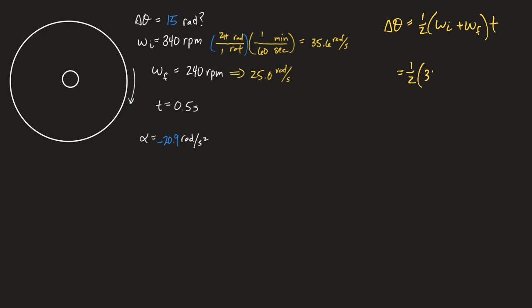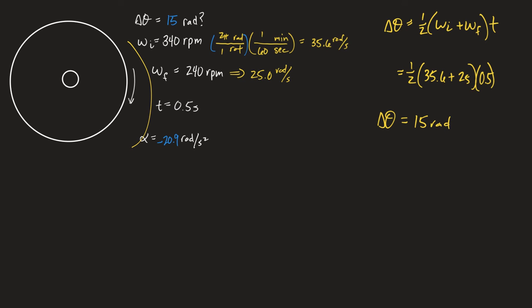So that looked to be 1/2 times 30.6 plus 25 times 0.5, and that's what gave me 18. And I mean, 35 and 20 is 60, so 60 divided by 4, it's about 15. That looks good. Any question about that? I'll go on.